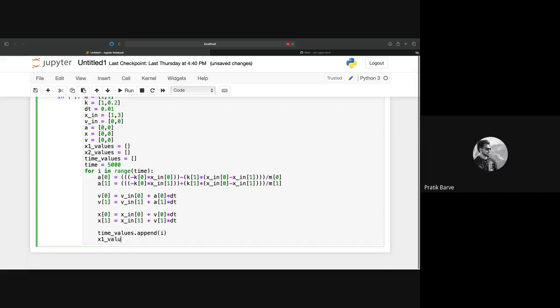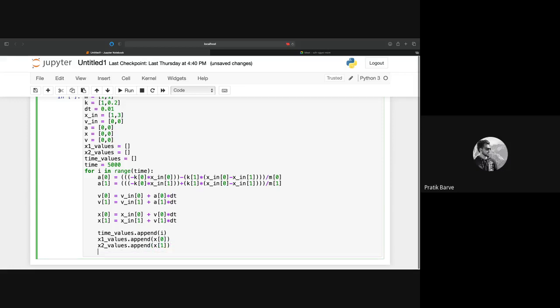Then we'll append our x1 values, whatever will be the x0 term. And we'll append the x2 values.